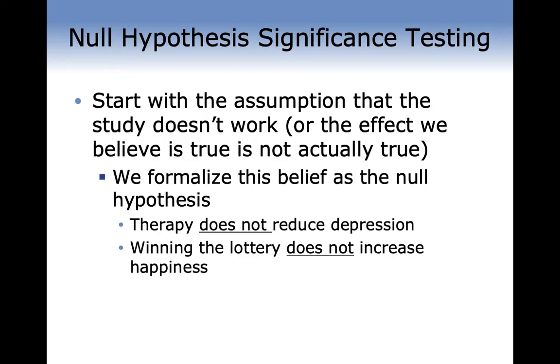Then what we're actually going to do is say, okay, if the null is true, what is the likelihood of actually getting the result that we did? So we start from the premise that our study doesn't work, and then we can evaluate the probability of getting the results that we did relative to the assumption that it doesn't work. Again, very weird, but this is how it works.